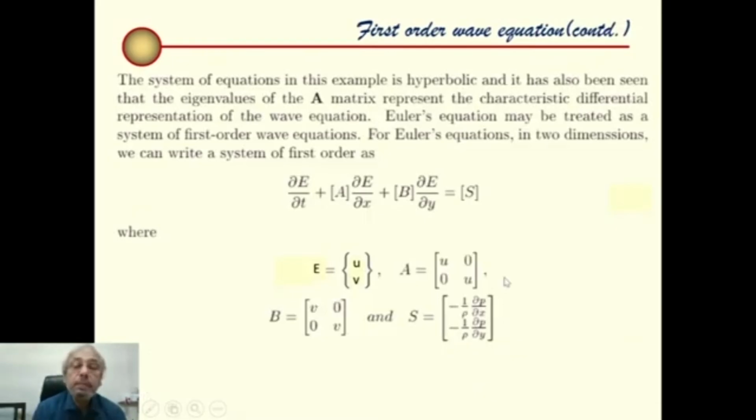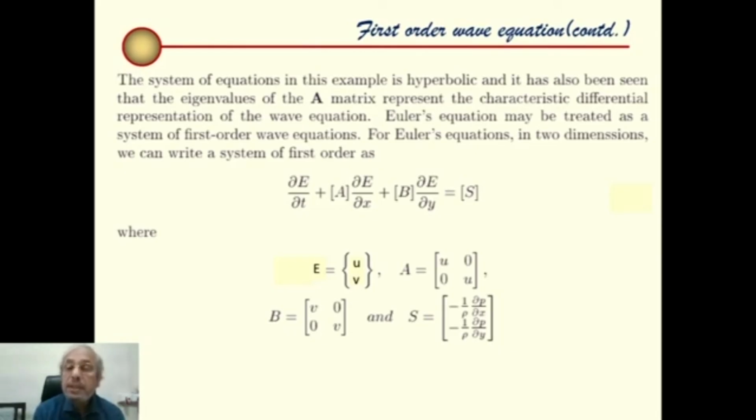Now we are talking about systems of equations. The system of equations in this example is hyperbolic, and it has also been seen that the eigenvalues of the A matrix represent the characteristic differential representation of the wave equation. Now Euler's equation may be treated as a system of first order wave equations.